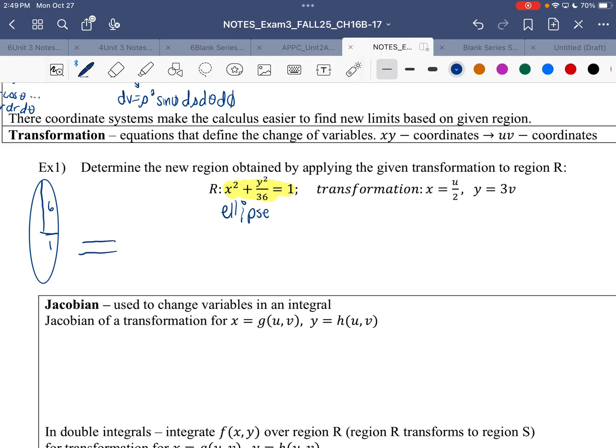And we want to do a transformation. So here's our transformation: x equals u over 2 and y equals 3v. Doing this transformation, substitute what x is equal to and what y is equal to into the region.